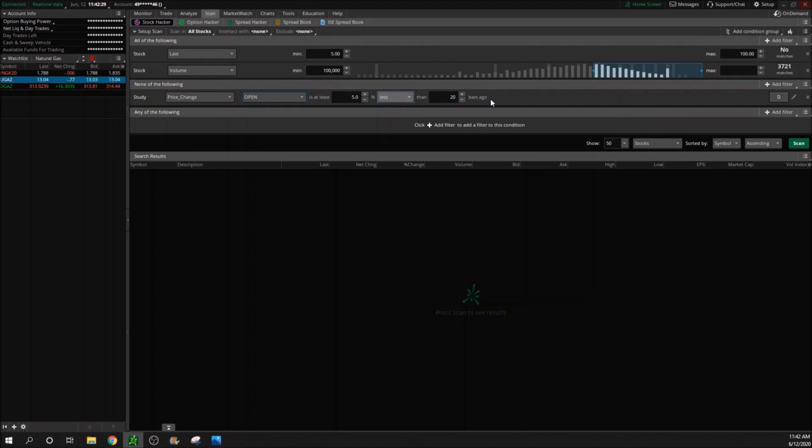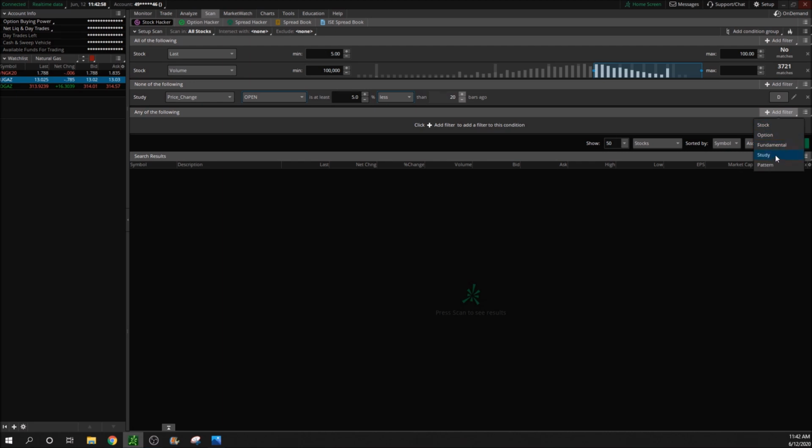So now what this is saying is if the price changed at least 5% less than where it was 20 bars ago, we are now 5% down, which means that it had a nice drop.